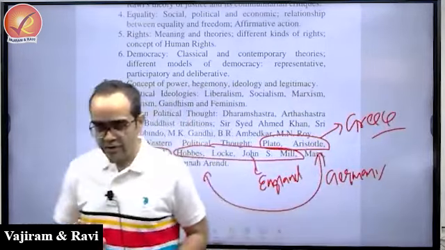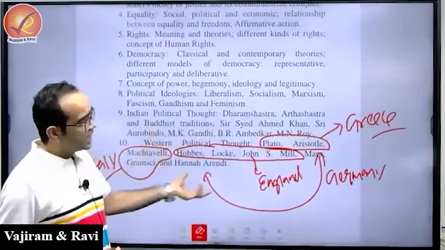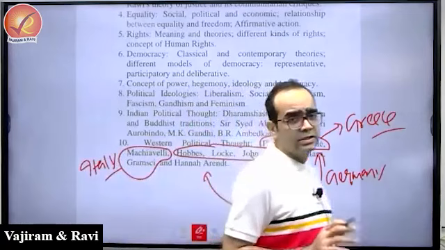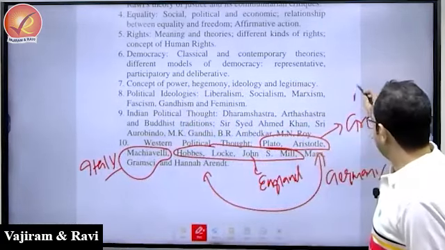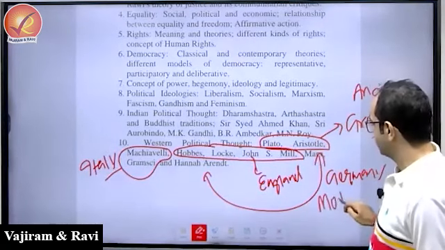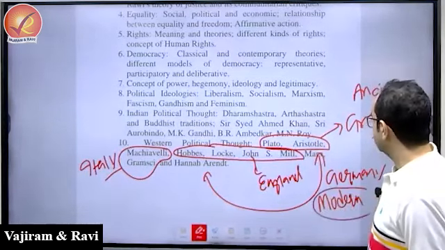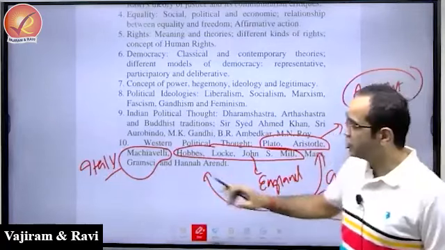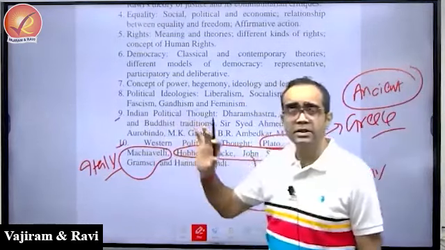We have to discuss the ideas of these thinkers, and your syllabus talks about thinkers of both the ancient and modern periods, in topic number 10 as well as topic number 9.